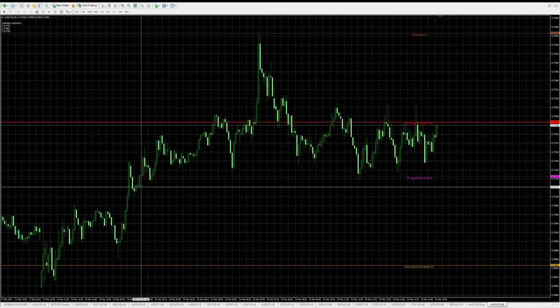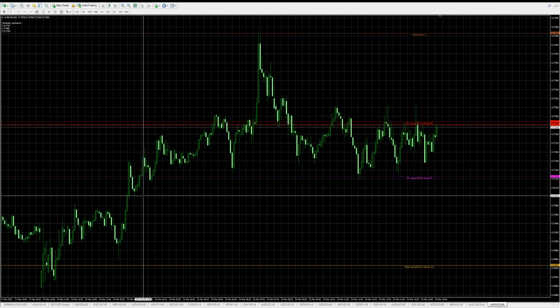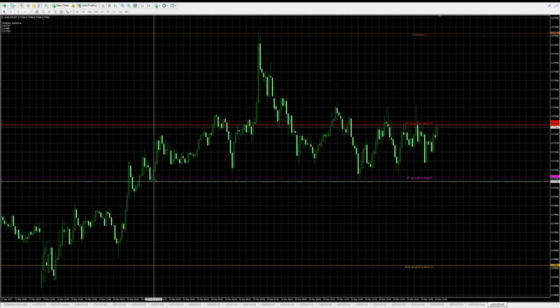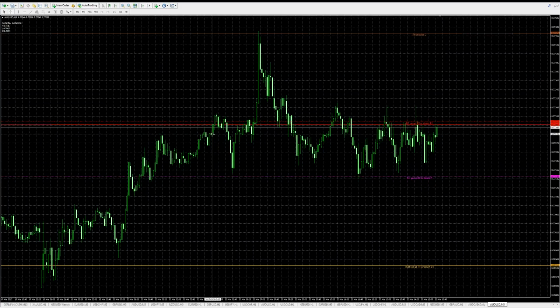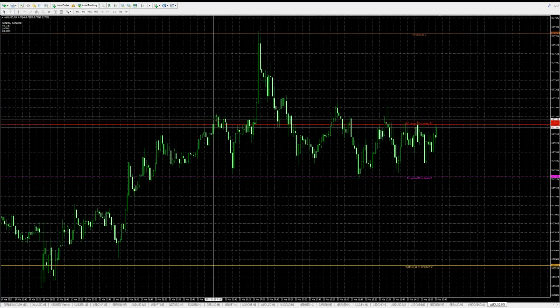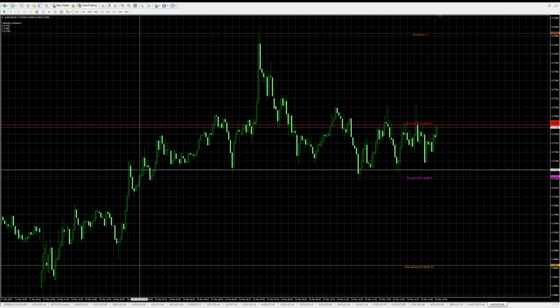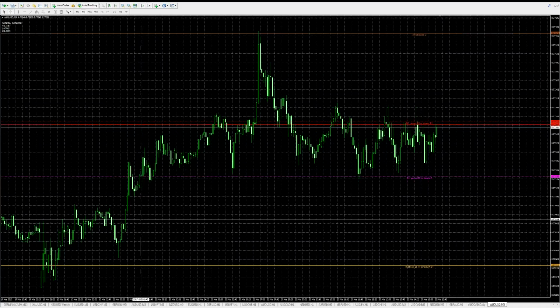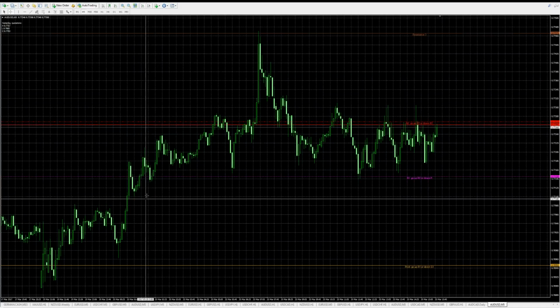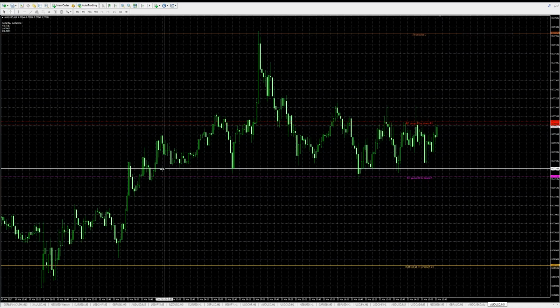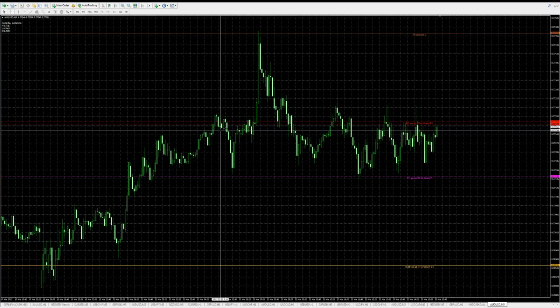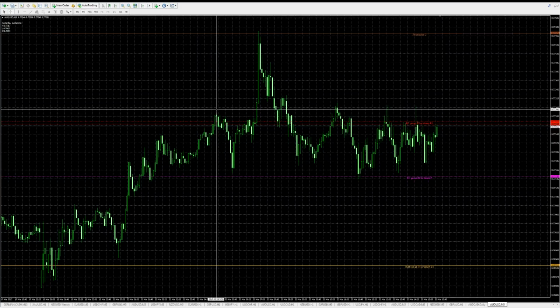Then it went back down to 77.10, which is still low, and then it continued all the way to the second resistance. So the breakout actually worked. Even if you put your stop at the pivot, you're still safe.